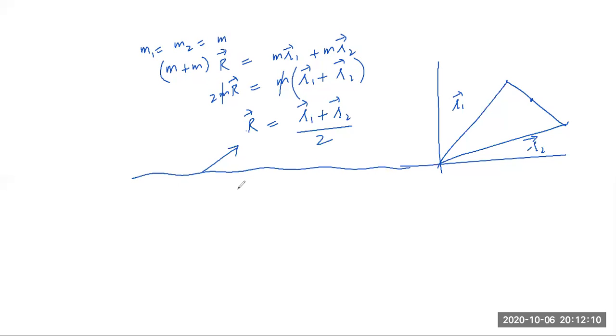It says find the center of mass of carbon monoxide. Okay, carbon monoxide molecule. We have carbon and we have oxygen, two atoms. It says find the center of mass of a carbon monoxide molecule of bond length d. So the CO bond length is d.